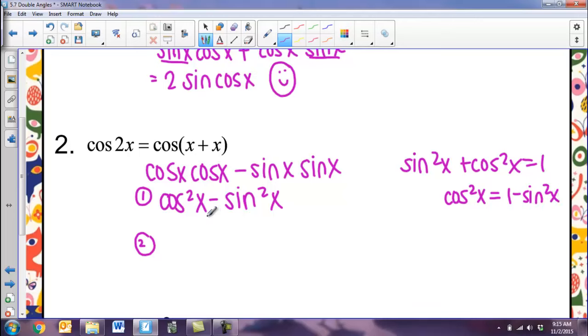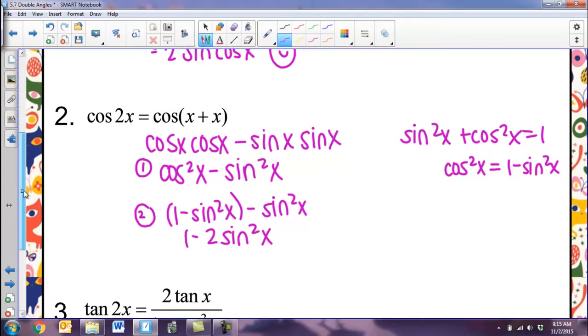So if I replace this entire cosine squared x term with 1 minus sine squared x, and then I subtract sine squared x from it, we have like terms again, and so that gets you 1 minus 2 sine squared x. And so that's that second formula on your formula chart.